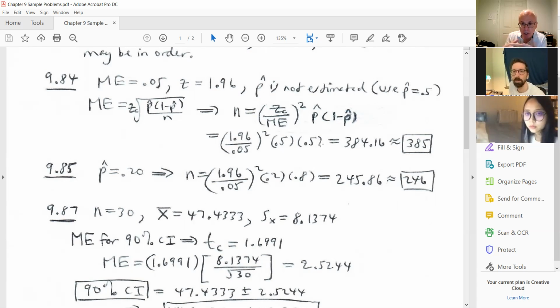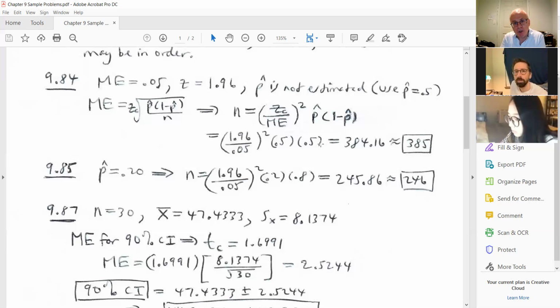Most people want as narrow a margin of error as they can have within reason, given the level of confidence. And they want to figure out how many people or things they need to sample, at a minimum. You can sample more if you want.